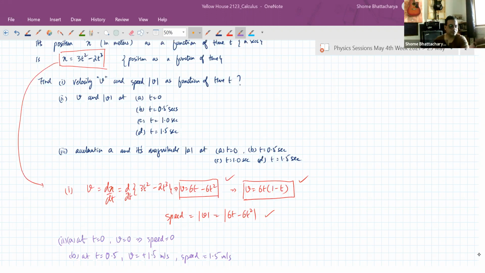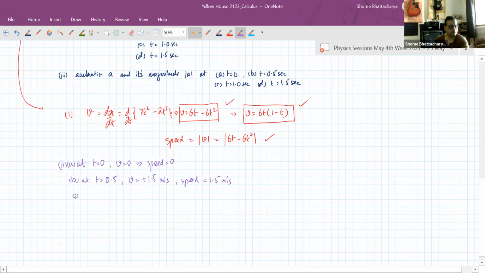Interestingly, you can also see that at the instant t equal to 1 second, the velocity is again becoming 0. So the speed, which is the magnitude of that velocity, is also 0. And this next part will explain why that is happening, because at a time greater than 1 second, we can see that the velocity is becoming negative. In this case, it will be 6 into 1.5 into minus 0.5.